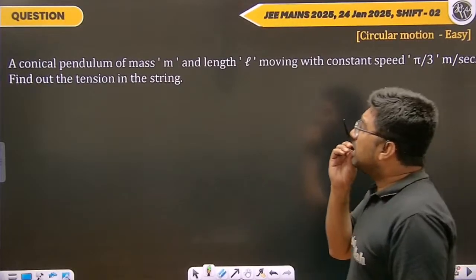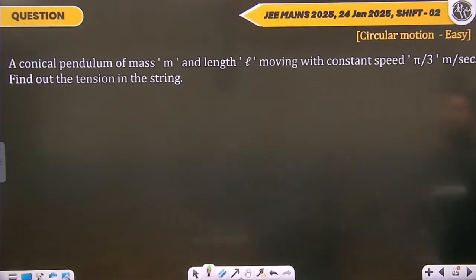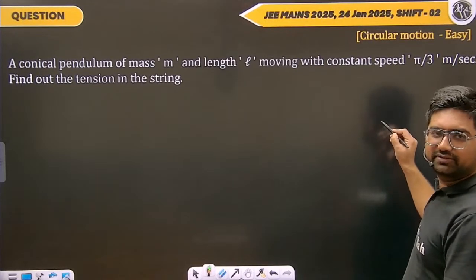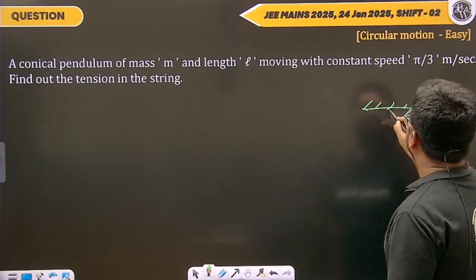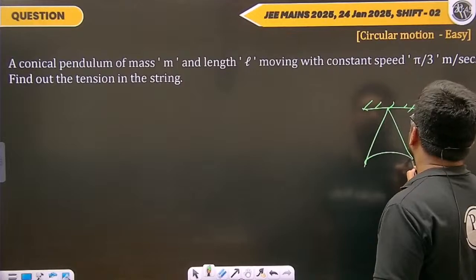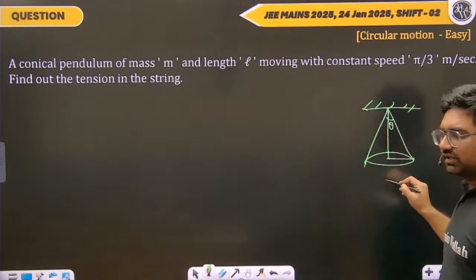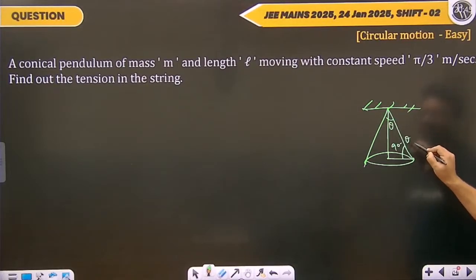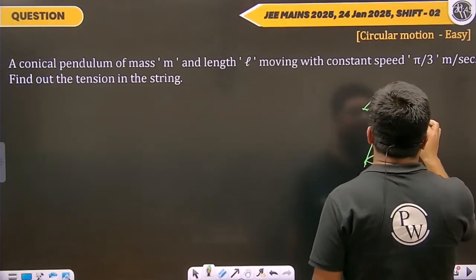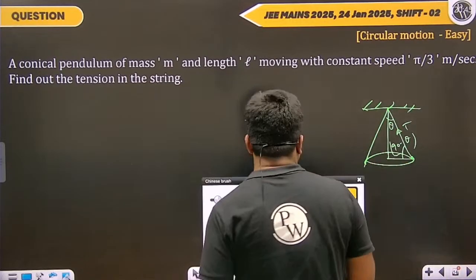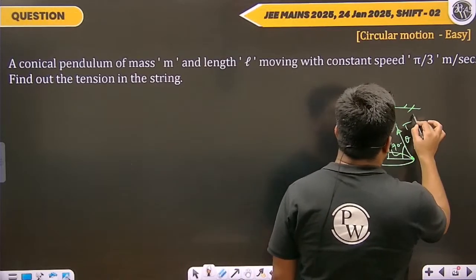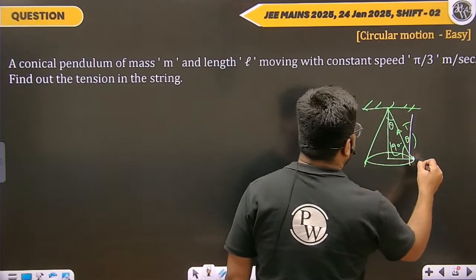A conical pendulum of mass m, length L, moving with a constant speed pi by 3 meter per second. Find out the tension in the string. If this is theta and this is 90 minus theta, we know that this is a conical pendulum and this is tension. This is mass m.